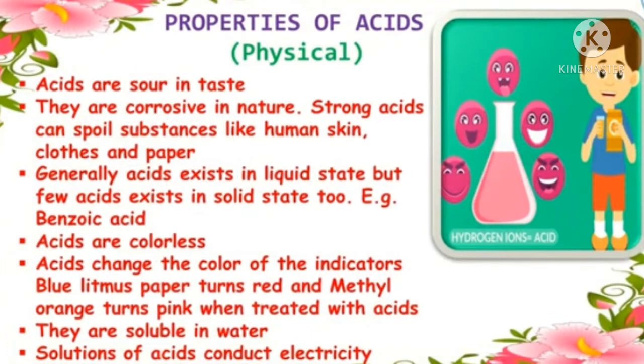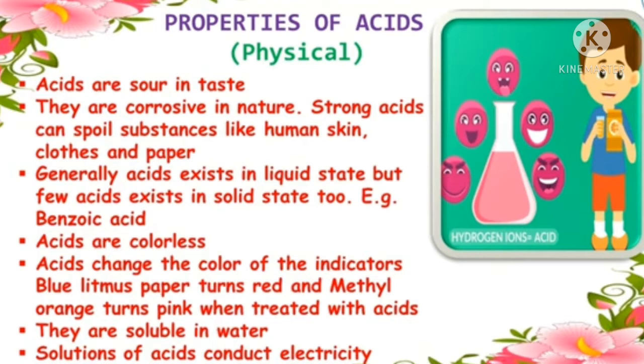Now let's learn about the properties of acids. First we are going to see the physical properties of acids. Acids are sour in taste. They are corrosive in nature. Strong acids can spoil substances like human skin, clothes and paper. Generally, acids exist in liquid state, but few acids exist in solid state too, for example, benzoic acid.